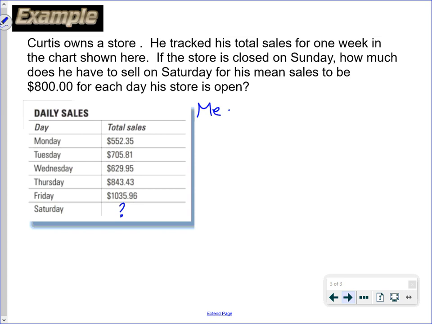So we're going to start with the mean, and this equals the total from Monday to Saturday. I've run out of room, so I'm just going to go below.